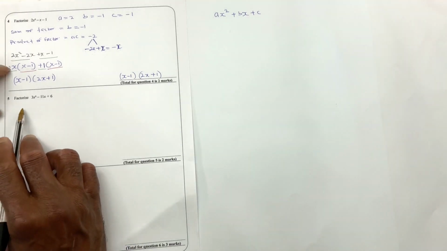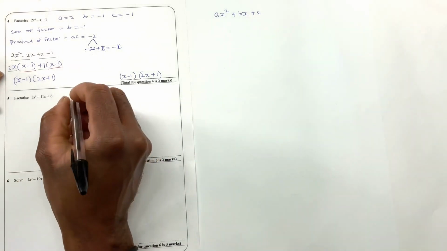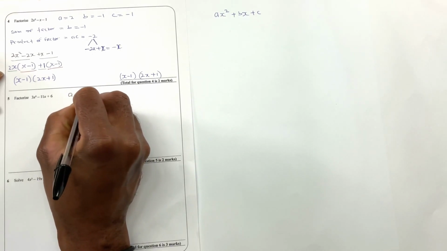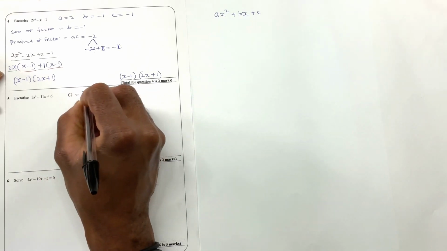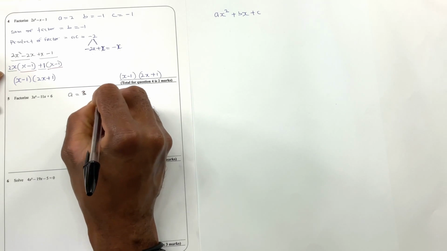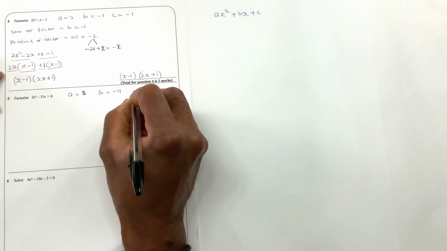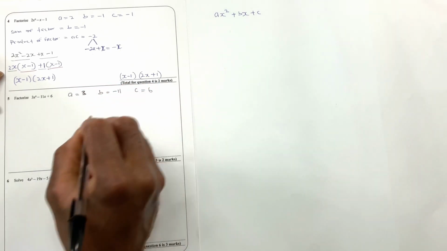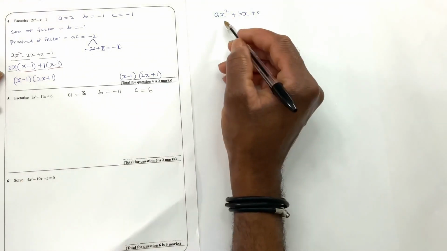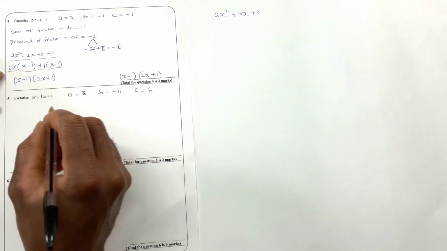Question number 5. Again, a equals 3, b equals minus 11, c equals 6, when I compare it with the quadratic expression.